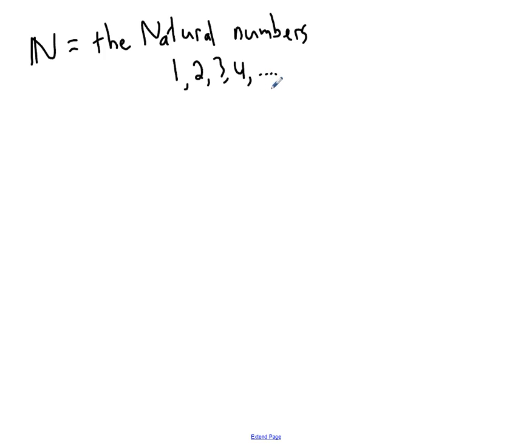Now, our textbook is on one side of a debate that about half of all textbooks are on, and the other half of textbooks on the other side of the debate, on whether or not 0 counts as a counting number. According to our textbook, the natural numbers only consists of 1 and so on.